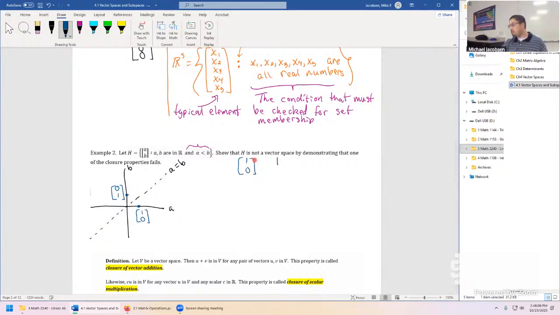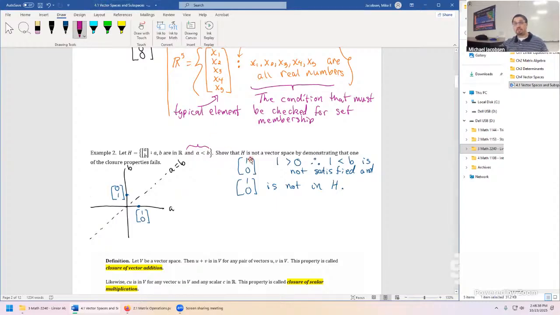We have here 1 greater than 0. Well, that means it doesn't satisfy this. Therefore, 1 less than 0 is not satisfied, and 1, 0 is not in H.